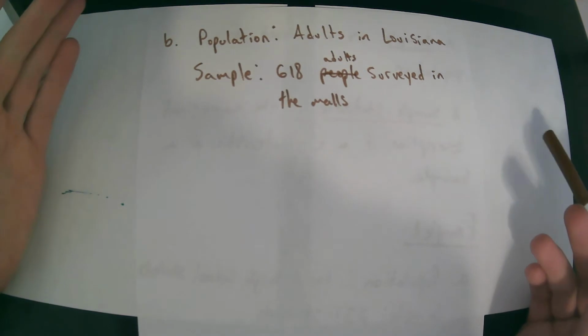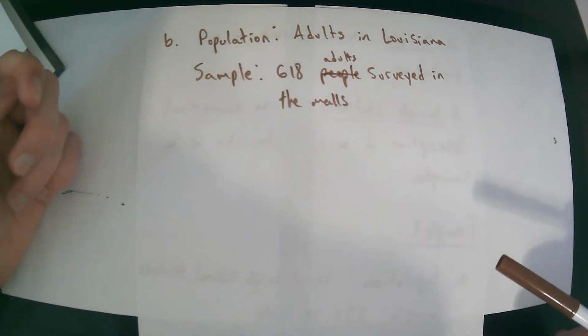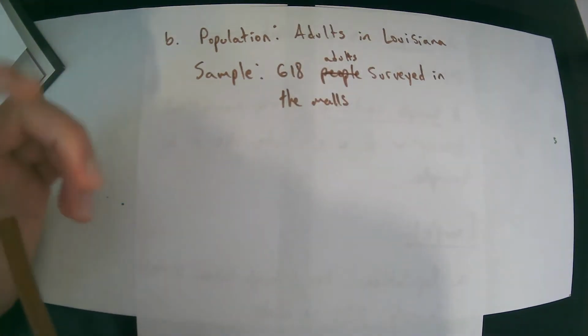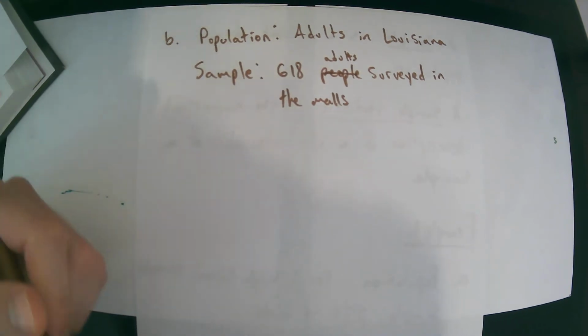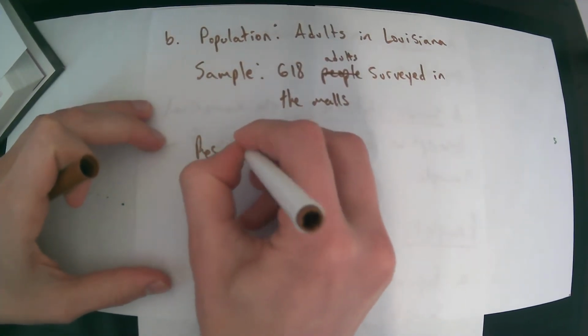And that's a good question. Are the adults who shop in malls necessarily going to be a good representative sample for every adult in Louisiana? Maybe not. But despite that, they still make a claim.